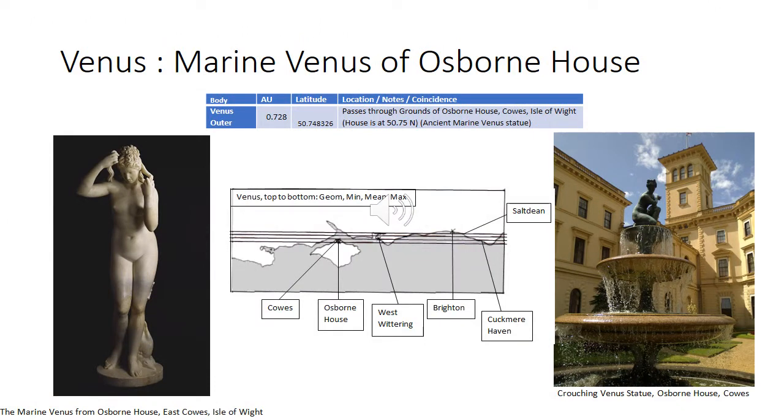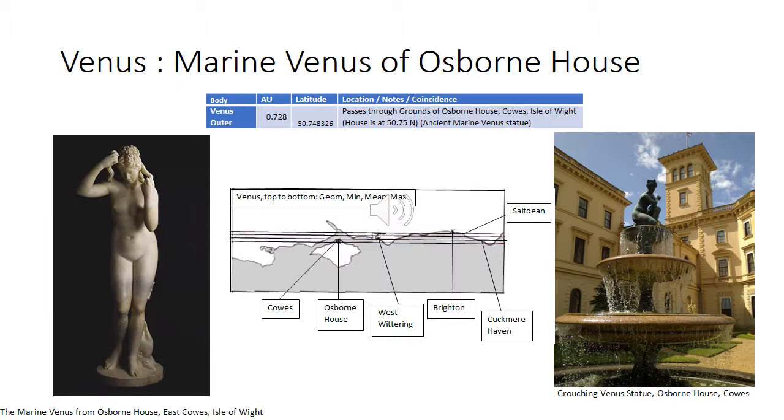Looking here at the Venus latitudes in the south coast of England, and a particularly interesting site here. The outer Venus latitude goes right through the site of Osborne House, Queen Victoria's holiday home on the Isle of Wight, and it's full of statues of Venus.